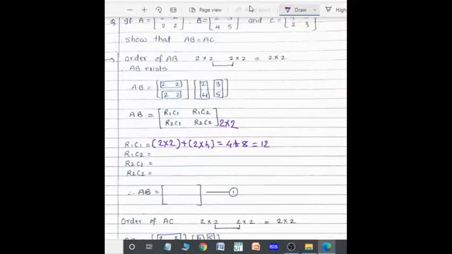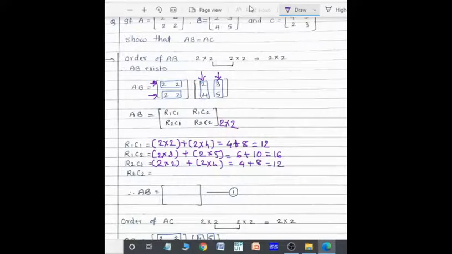Now we are going to multiply this first row and second column. So 2 into 3 plus 2 into 5. So 2 3s are 6 plus 2 5s are 10. So answer is 16. For this R2C1, we are going to multiply this second row and first column. So 2 into 2 plus 2 into 4. 2 into 2, 4 plus 2 into 4 is 8.